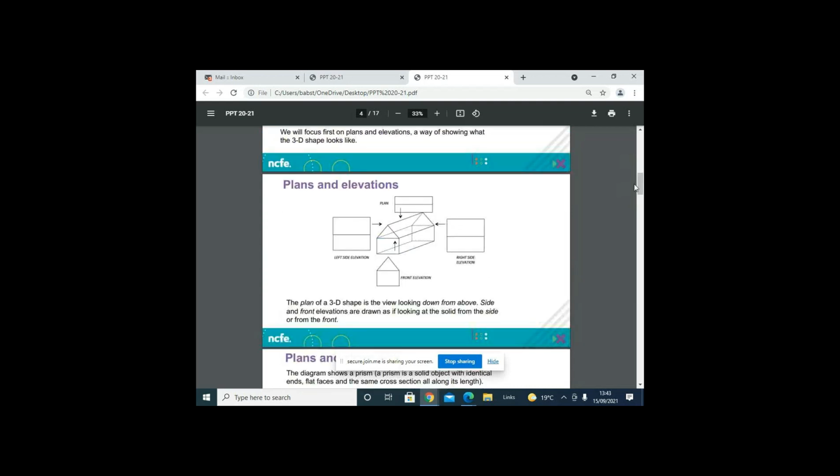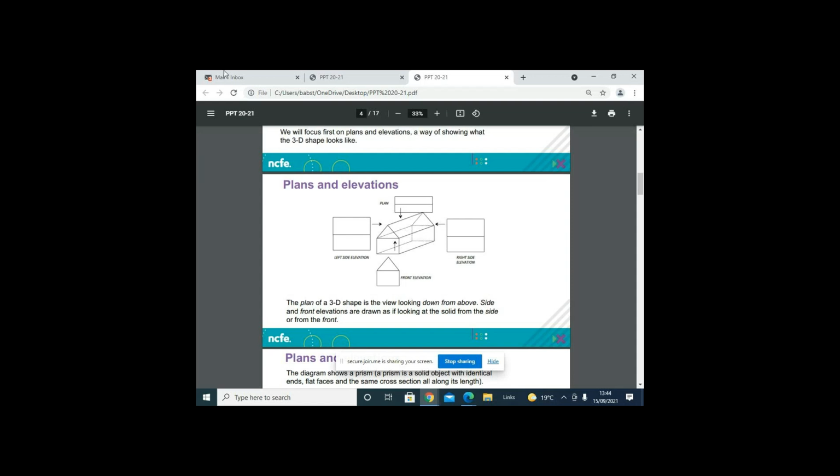When you say 2D representation, you are trying to draw the 2D part of a 3D shape. This one you see on the screen is a 3D shape, and we want to know its 2D representations.